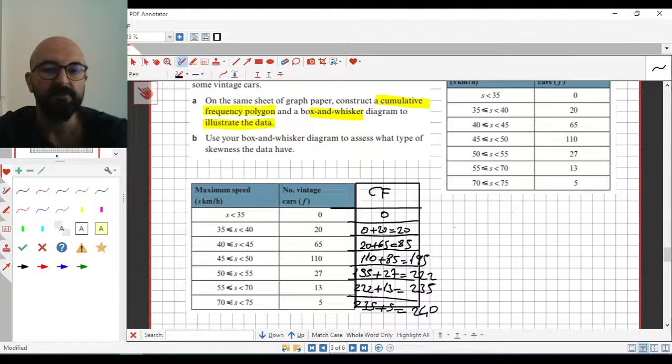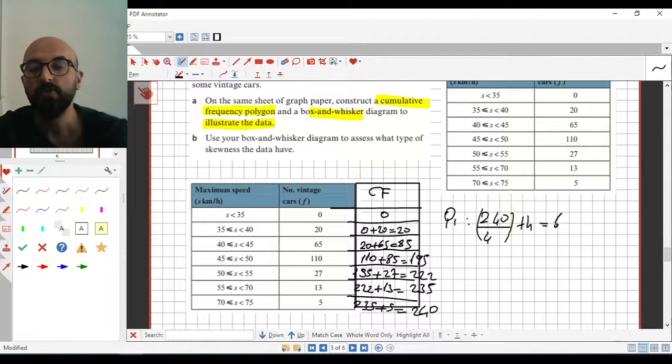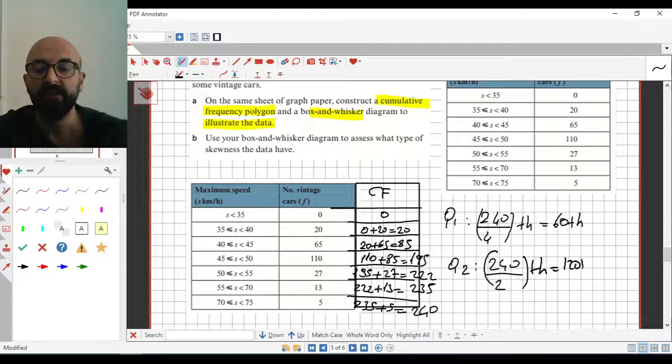For the box and whisker diagram, we should find Q1. Q1 is the sum of all cars over four, so the 60th car speed. And for Q2, we take 240 over 2, so the 120th car speed.